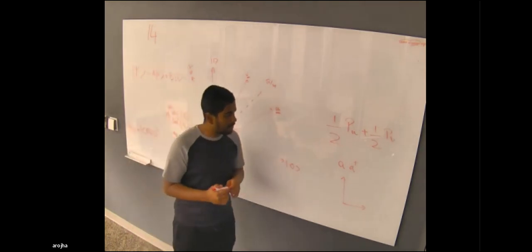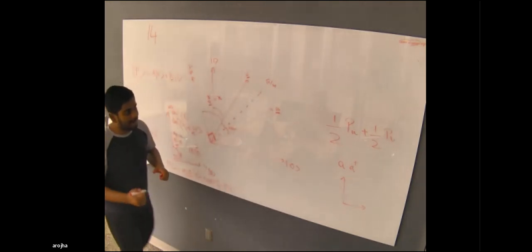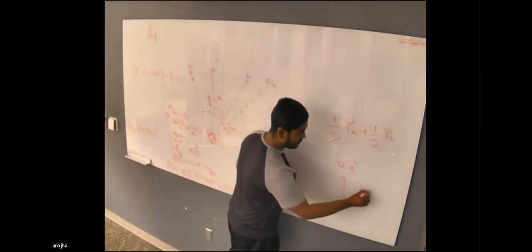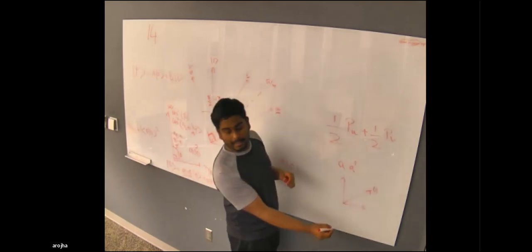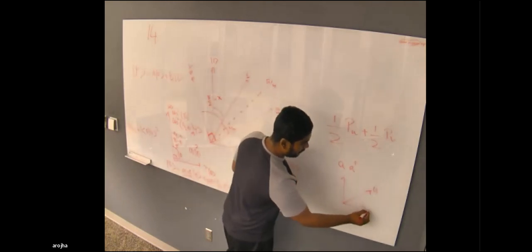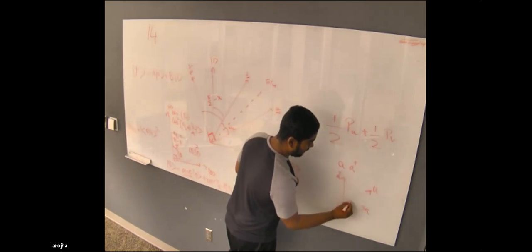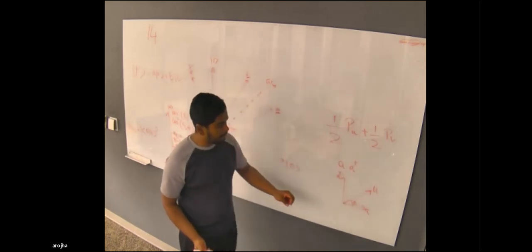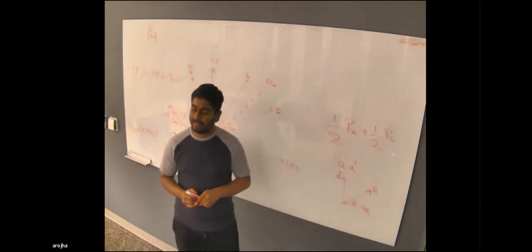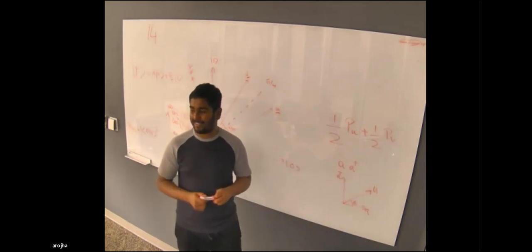So if I had a U vector like this, U like this, and A dagger existed like this, what do you think the probability of U existing in A would be? Cosine squared theta. Exactly.